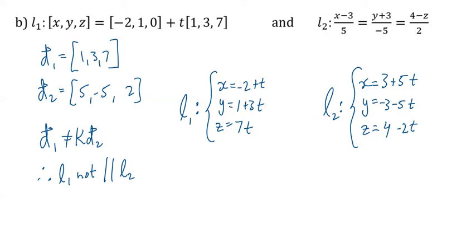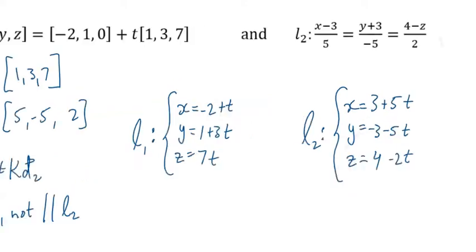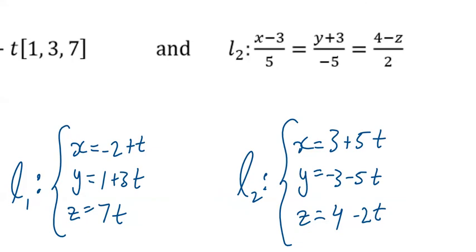So the trick is this one's not in the right form. What should it be? Well, I'm going to factor out a negative, and I'm going to put it on the bottom. So this should be plus 4 minus 2. And in fact, we had that mistake earlier, but it didn't matter. This direction vector should be negative 2.